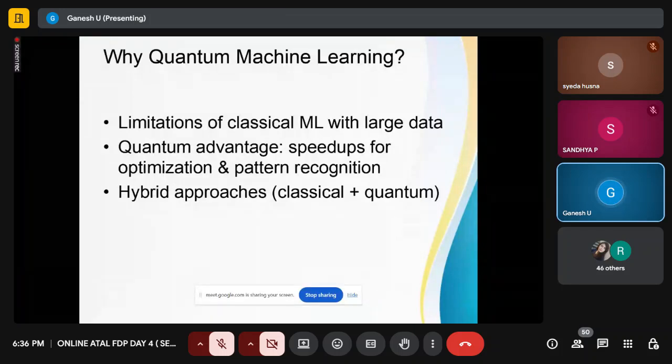That much fastness. Even though it has many drawbacks in real time, research is going on because of the advantages of quantum computing.